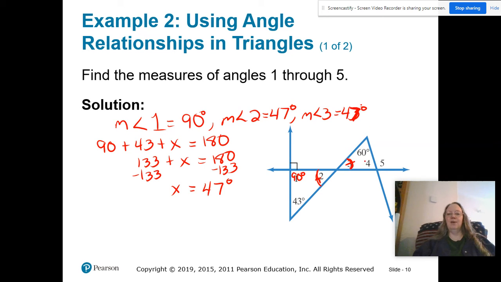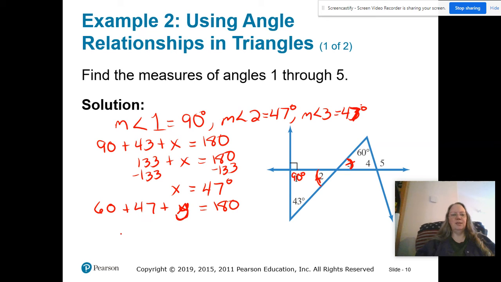Okay, now I can find angle 4 because this is 60, this is 47, and so 60 plus 47 plus angle 4 has to equal 180. Let's use y. I don't want to use the same variable and get you confused.